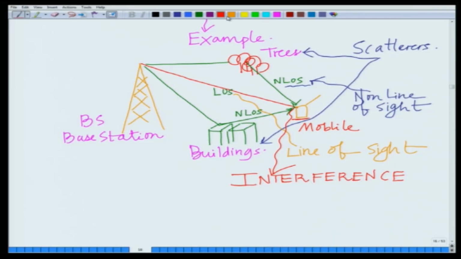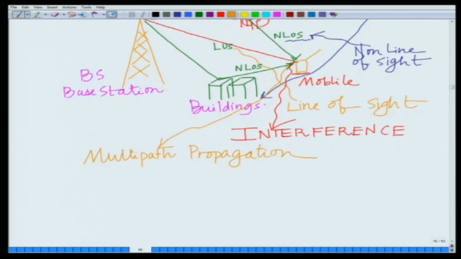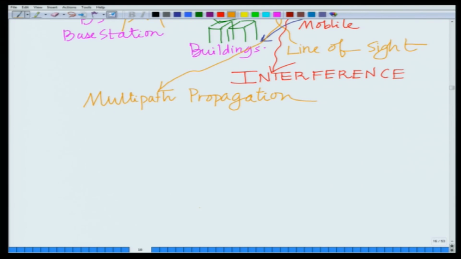So, in the wireless channel we have the sequence that we have multipath propagation. What does this lead to?